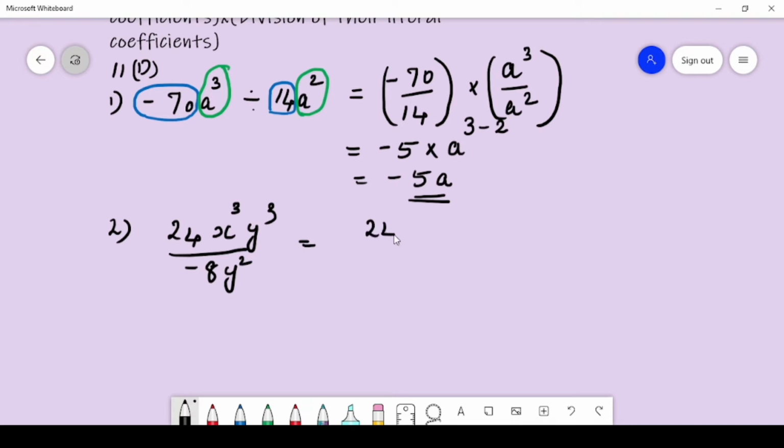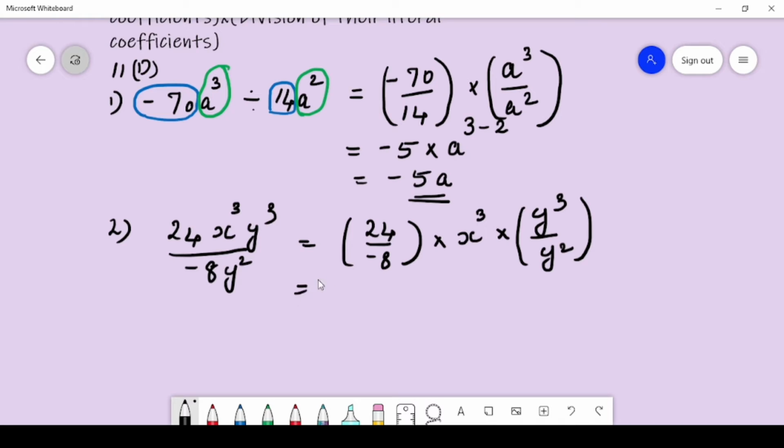So 24 by minus 8, multiplied by x cube, since x cube is there only in the dividend and not in the divisor. So we write x cube, then y cube by y square. Like this we can write.